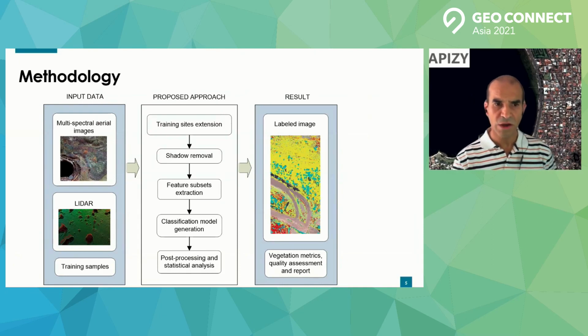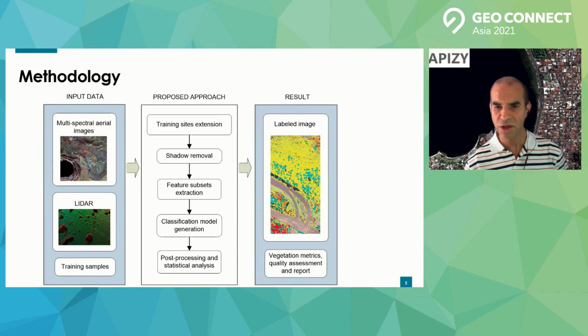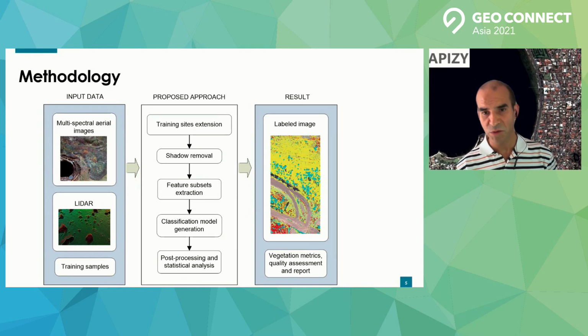Initially we used LiDAR and aerial imagery, and we used a traditional machine learning solution. This is the workflow that we developed. And through this technology, we produce some information that mining companies are interested in, like vegetation metrics, quality assessment, and reports.